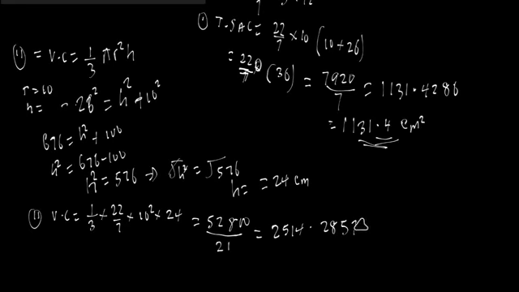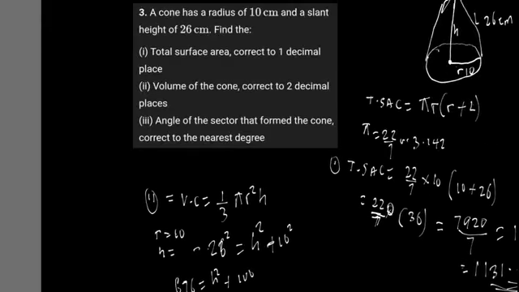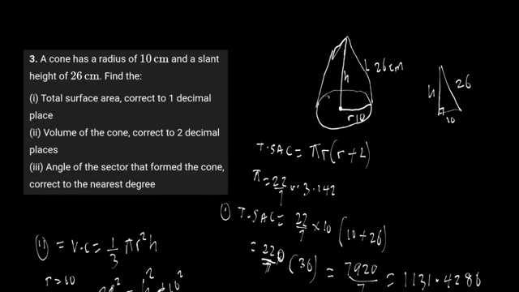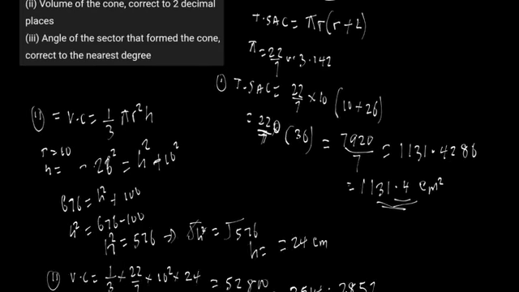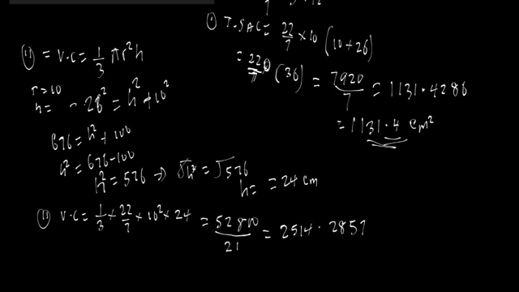So let me stop at this place. But what does the question say? We are told to leave the answer in 2 decimal places. So if you look at it, we have two 8s. This is the 4th decimal place, this is the 2nd decimal place.